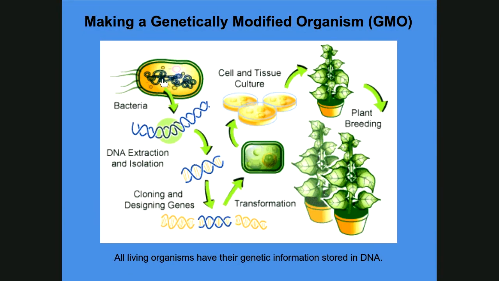Once they identified the endotoxin as being a protein, they know that in any living organism that expresses proteins, the information on how to make those proteins can be found in the organism's DNA, in its genetic information. So if you look down here, all living organisms have their genetic information stored in the form of DNA. Scientists knew this also.